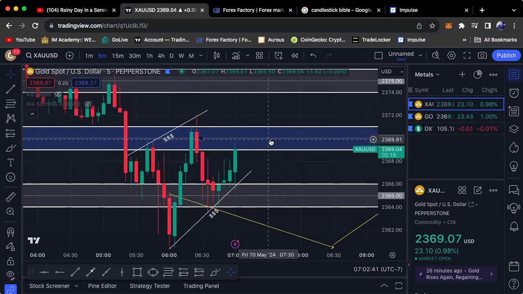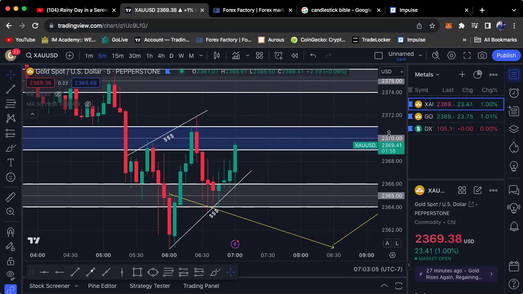I use my internal zones more for take profit, more for exit levels or stop loss levels. Sometimes as entry levels, but that's more for scalping.